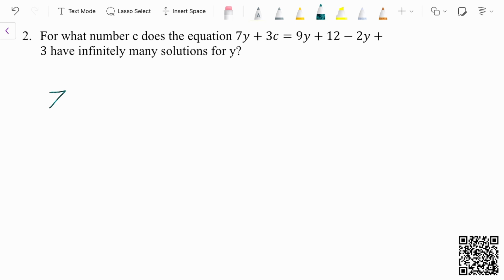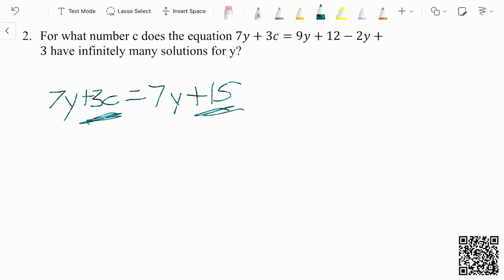So on this side, we have 7y plus 3c has to be equivalent to, if we go 12 plus 3, that'd be 15, 9y minus 2y is 7y plus 15. So here we can determine that 3c has to be equivalent to 15. That means that c would be 5.